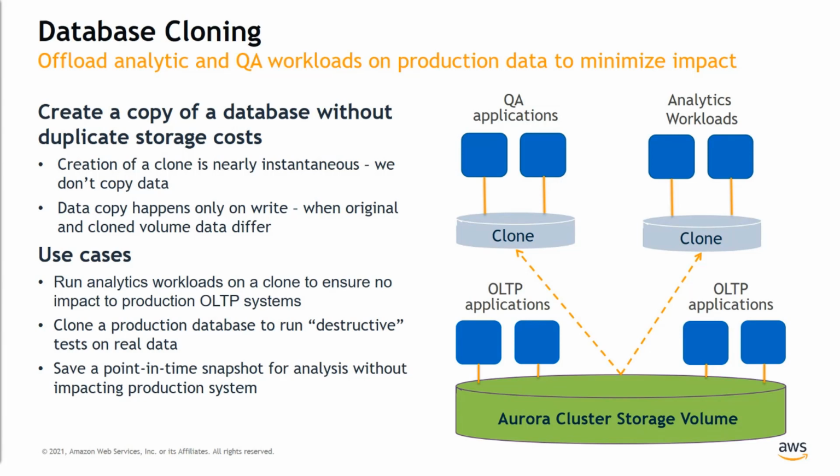Well, one technique to think about when it comes to availability is to segregate these workloads, to have your OLTP systems running directly on certain nodes in the cluster, but also on the storage side, there are some benefits to doing something we think of as database cloning.